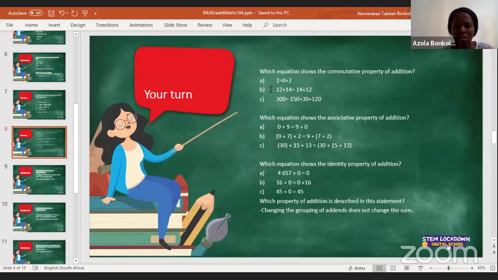Is it A, is it B, or is it C? I see Tepang has their hand up, but do we have someone else, so that we don't have the same person or the same group of individuals answering? Is there anyone else who'd like to give us an answer?